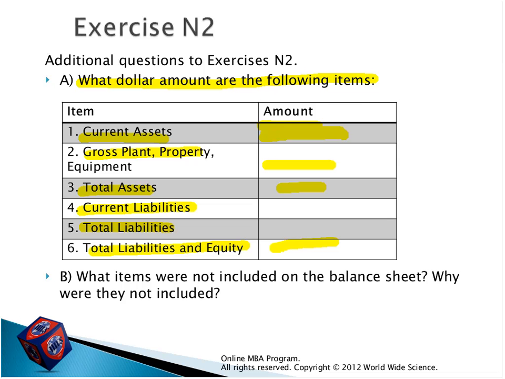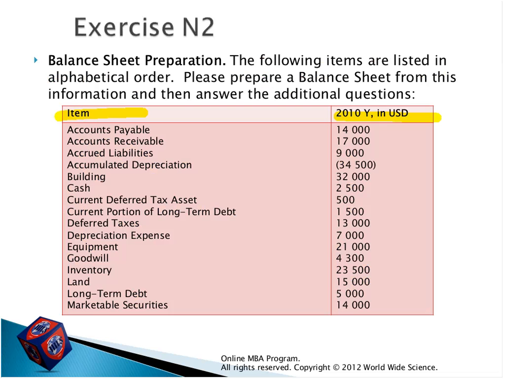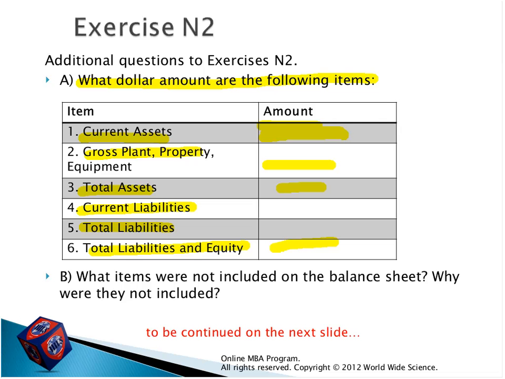You see, these are additional questions from exercise number 2, which is the balance sheet. This is the first assignment of exercise number 2, and the theory questions are the second assignment from this slide. Same, these are additional questions to exercise number 2.